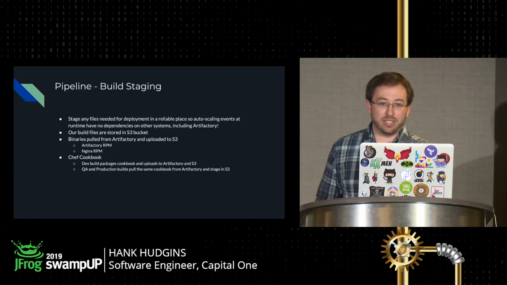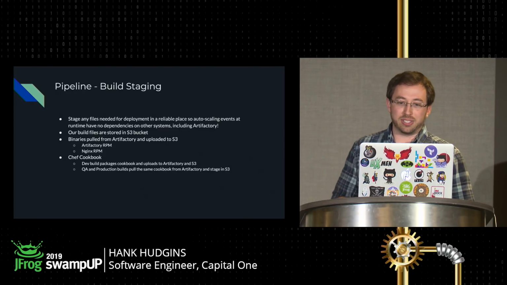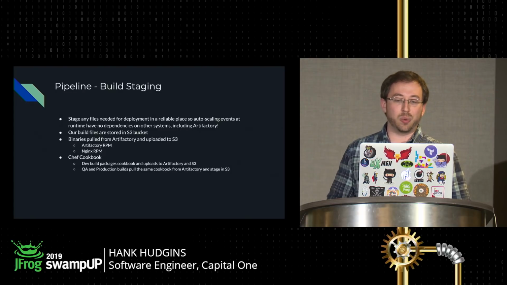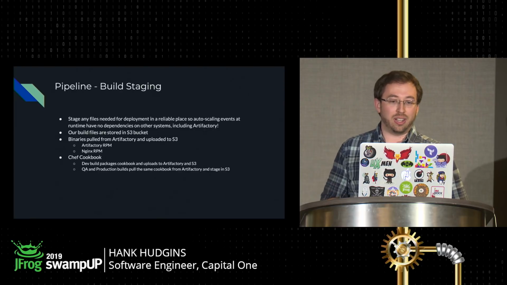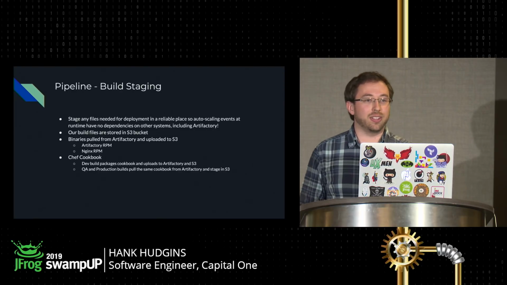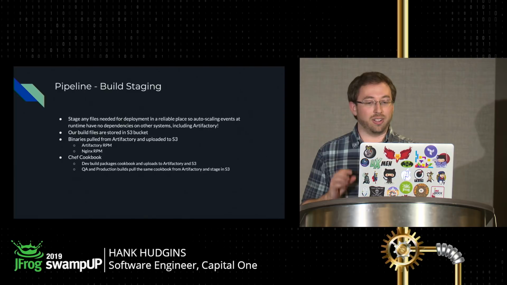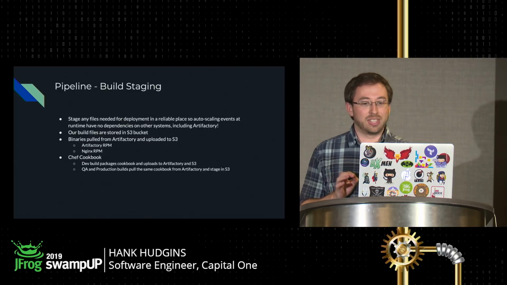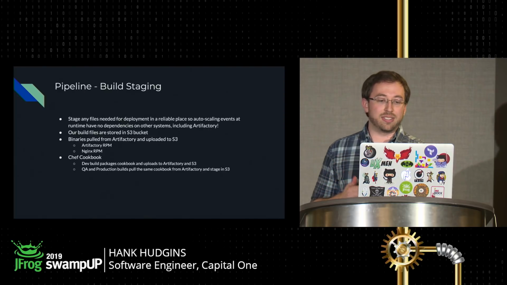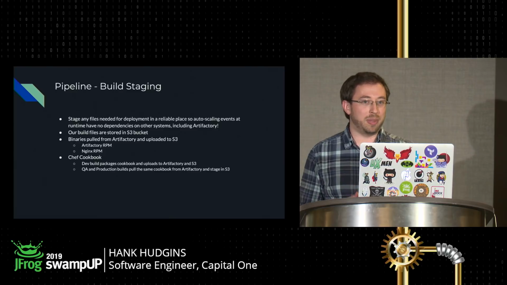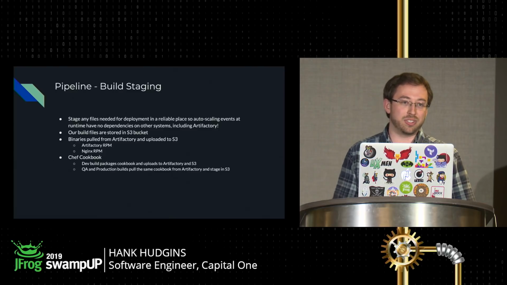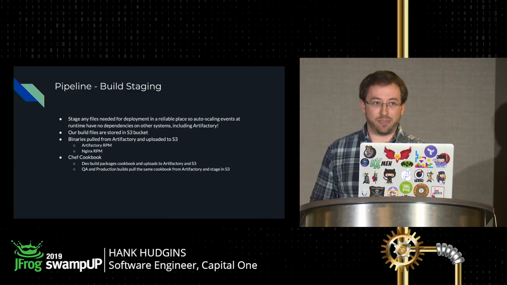And then we're getting into more of the deployment process here. So, build staging. Before we even deploy anything, we have to stage our files into a place where auto-scaling events at runtime won't have dependencies on other systems. And that includes Artifactory.